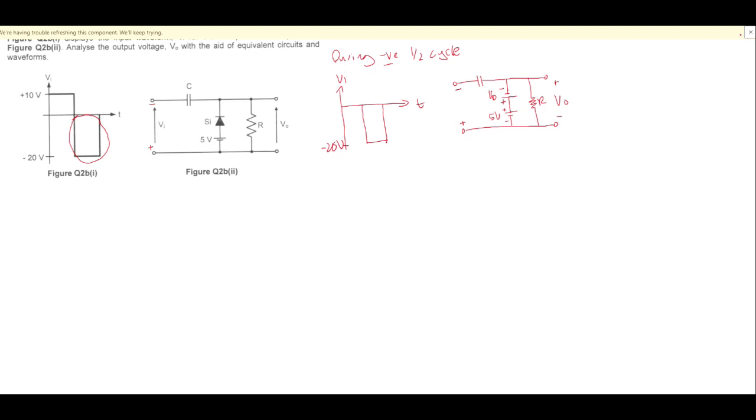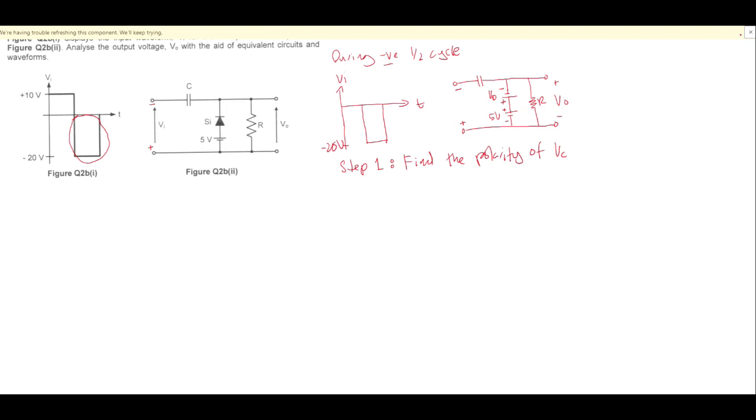Next, you must follow three steps during the negative half cycle. Step number 1, you can refer to your lecture notes. You need to find the polarity of VC, the capacitor voltage.